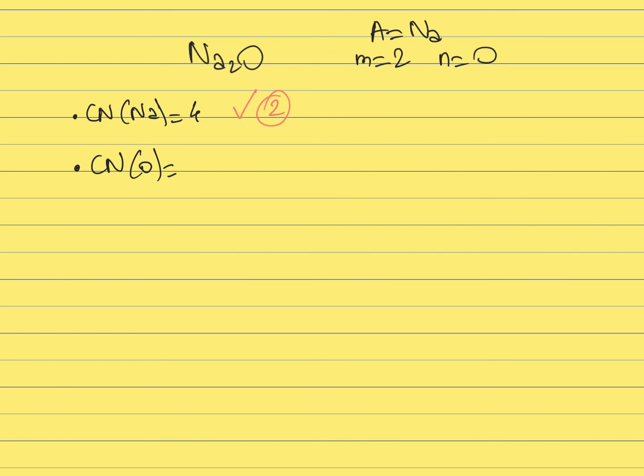Based on that, we can now compute the coordination number of the oxygen. It is equal to the number of cations divided by the number of oxygen, which is 1, times the coordination number of the sodium. For this structure, if the coordination number of the sodium is 4, that would give you a coordination number for the oxygen of 4 times 2, which would be 8.